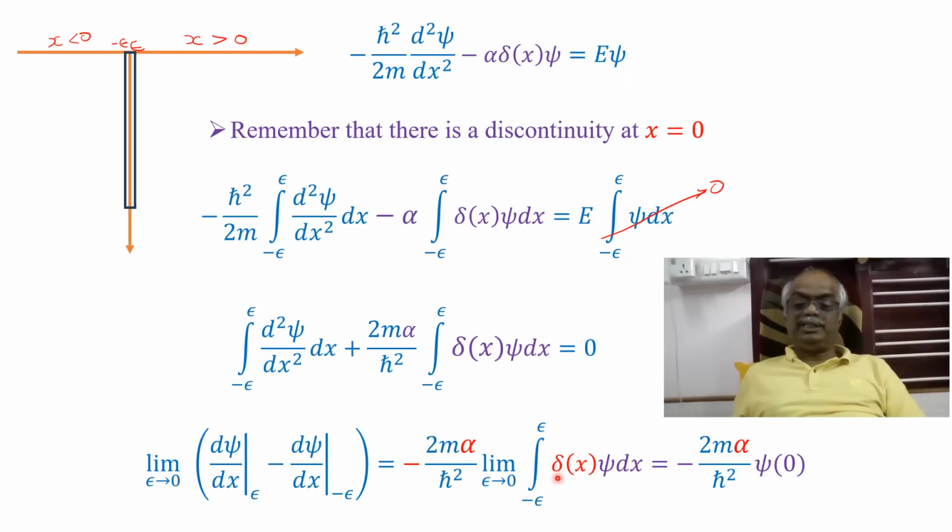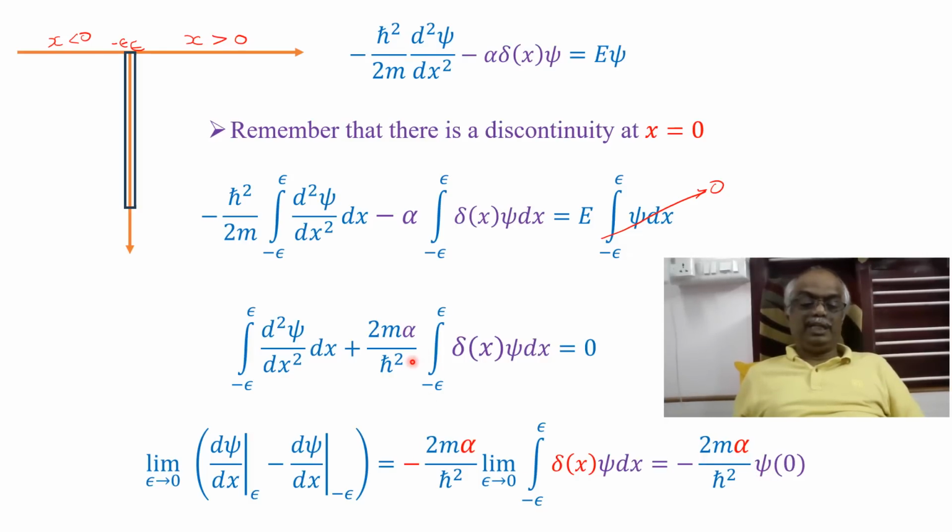For 0, it is 1. So naturally, psi is a function of x, so if you integrate this between the limits, you will get psi of 0. So the right hand side will become minus 2m alpha over h cross squared psi of 0.